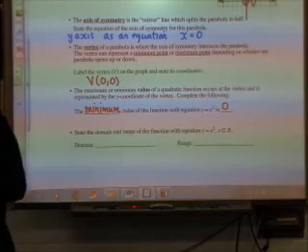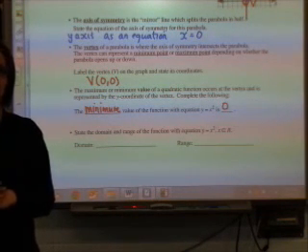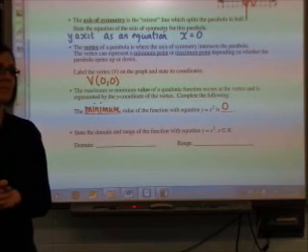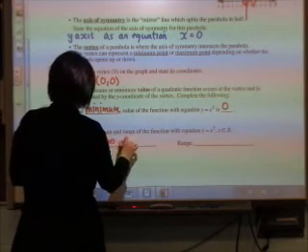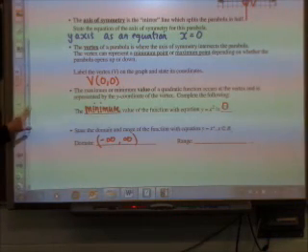What's the domain of my parabola? What are my possible x values? Negative infinity to positive infinity. So that's putting it in interval notation.